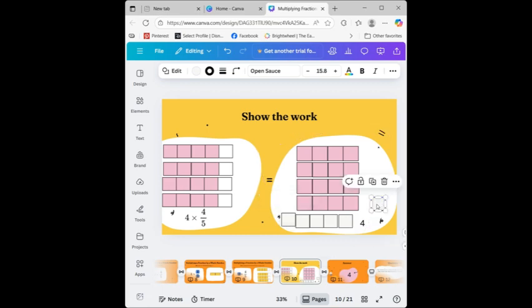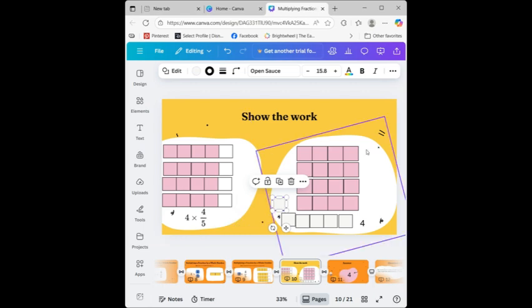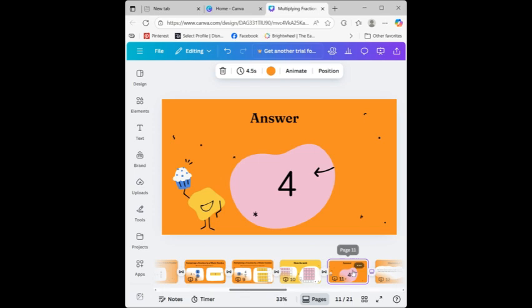But I left the white cubes because this shows that we did have 5 groups of 5, but now we have groups of 4 because we moved the white cubes to their own group. So now we have only shaded in parts. So that is a whole number of 4, but it's not always going to be a whole number. So the answer is, of course, 4.